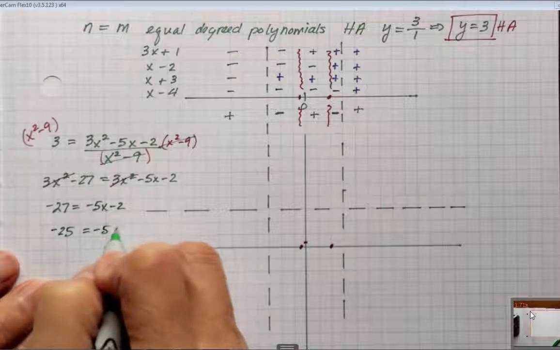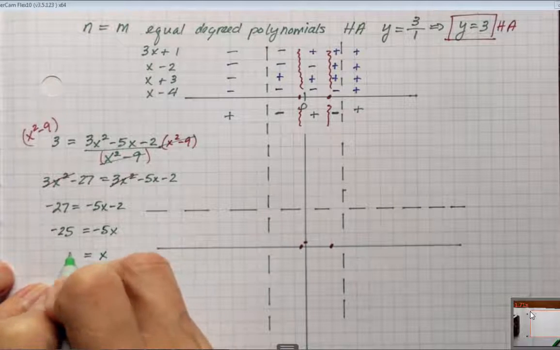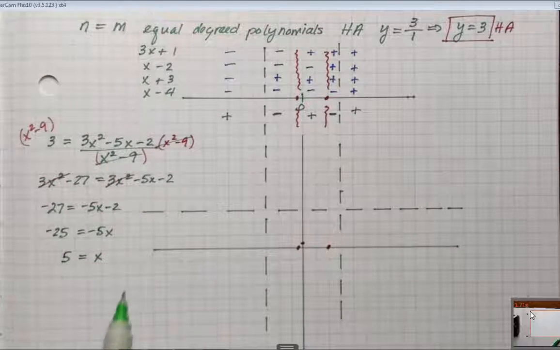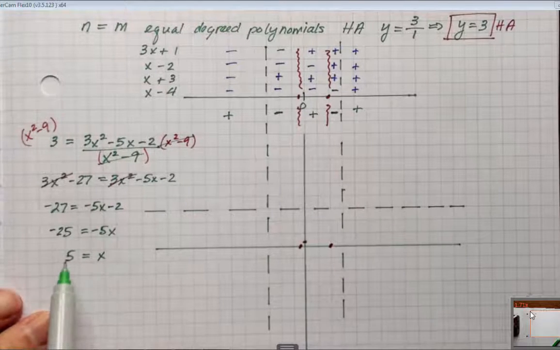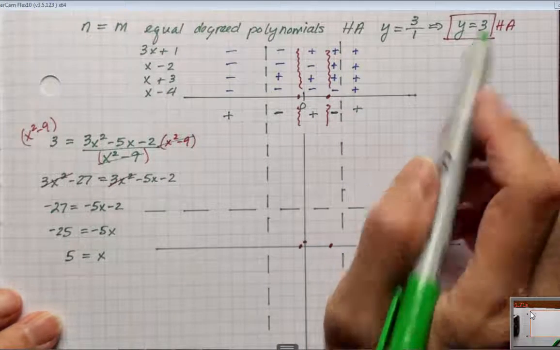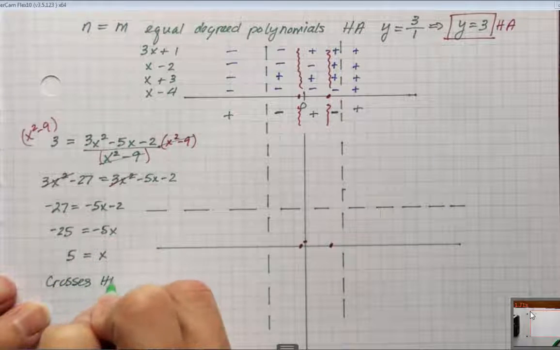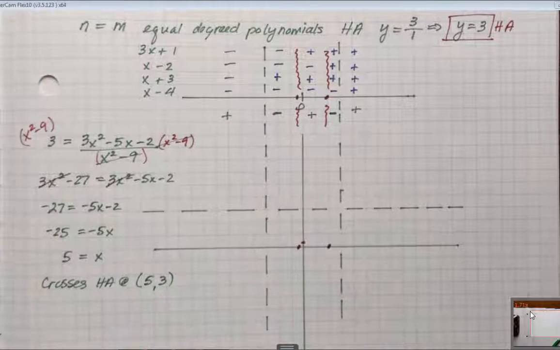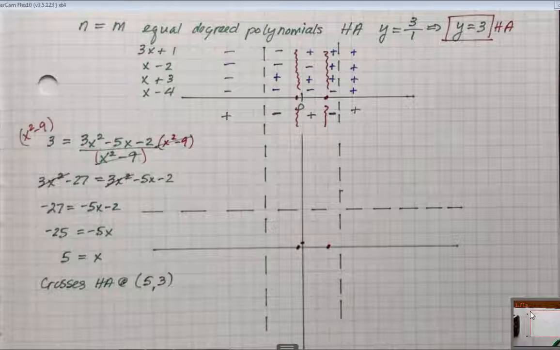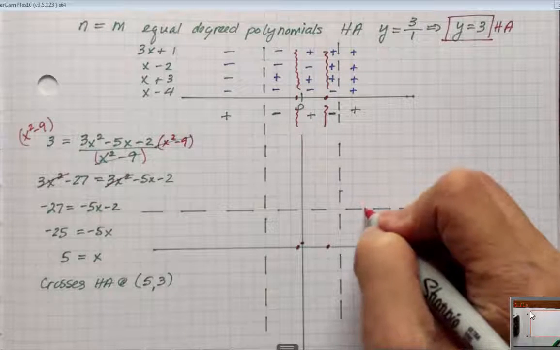And then dividing by negative 5, yes, my graph does cross the horizontal asymptote at the point x equal to 5, y equal to 3. So it crosses the HA at 5, 3. So I need to include that point on my graph also. So 3, 4, 5, and then the horizontal asymptote. So it's right there that I'm going to be crossing.